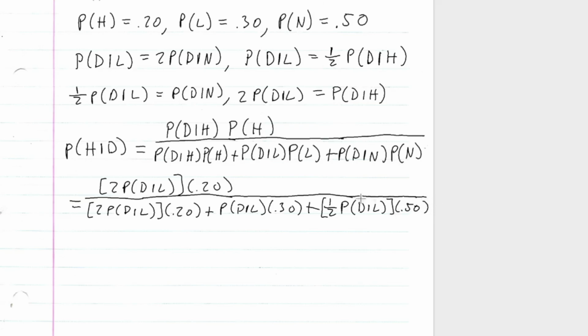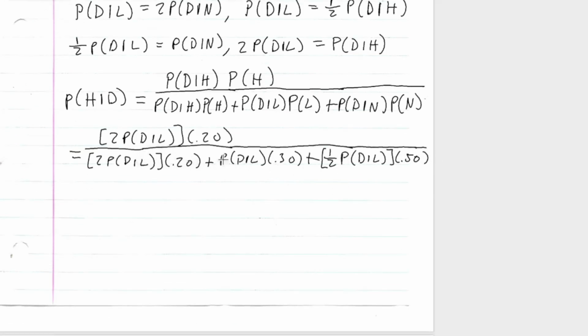So as you can see, every single term in the numerator and the denominator has the probability of D given L. So I'm going to rewrite this where I factor out the probability of D given L in the denominator.